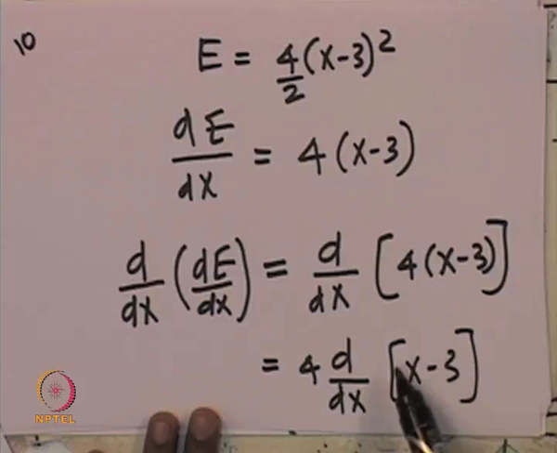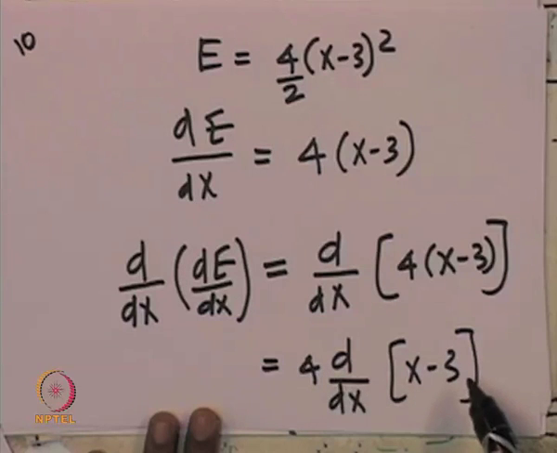So, essentially the derivative of this is 1. The whole thing has a derivative d by dx of x minus 3 is 1. Let us just do it and convince you that the derivative is indeed 1.